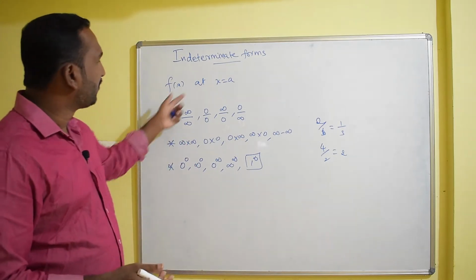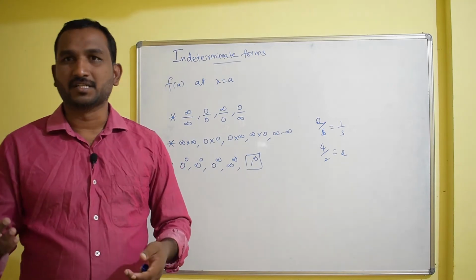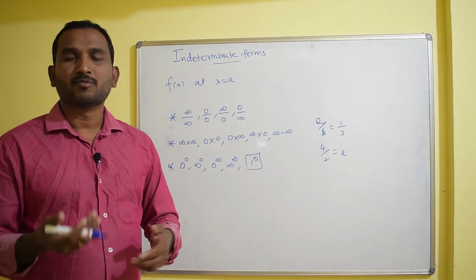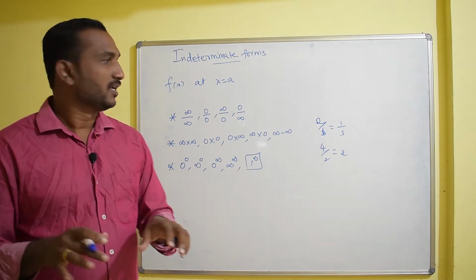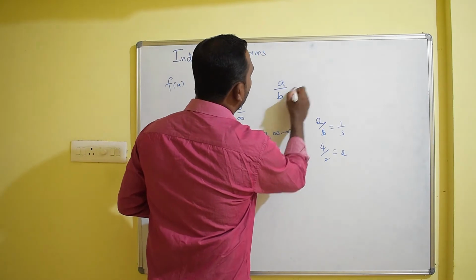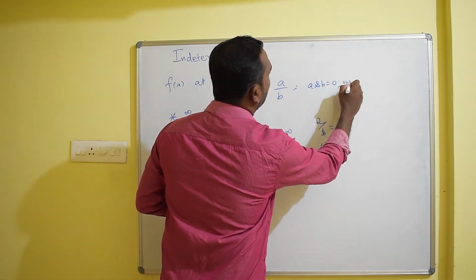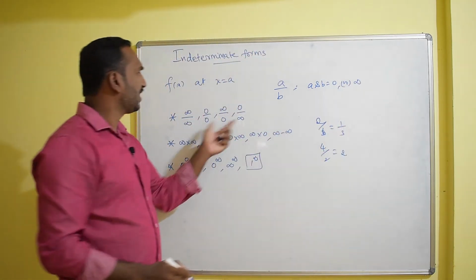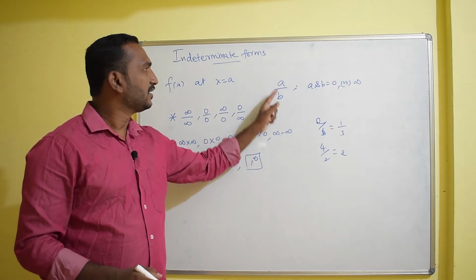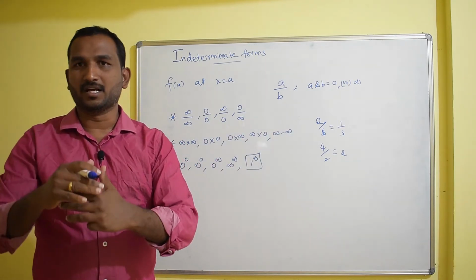Suppose I have a form like 0 by 0 or infinity by infinity for such a function, and I apply L'Hospital's rule. Let us take some a by b form where a and b are 0 or infinity, so that covers everything. Then definitely you will get a fraction a by b, a numerator and a denominator.